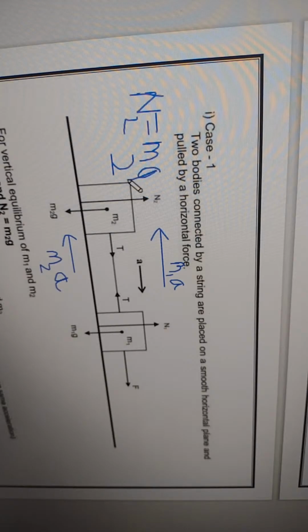For this body, N1 is equal to M1G. In the horizontal direction, M1A is equal to F minus T. F is in this direction, the right direction. The force has been applied here.